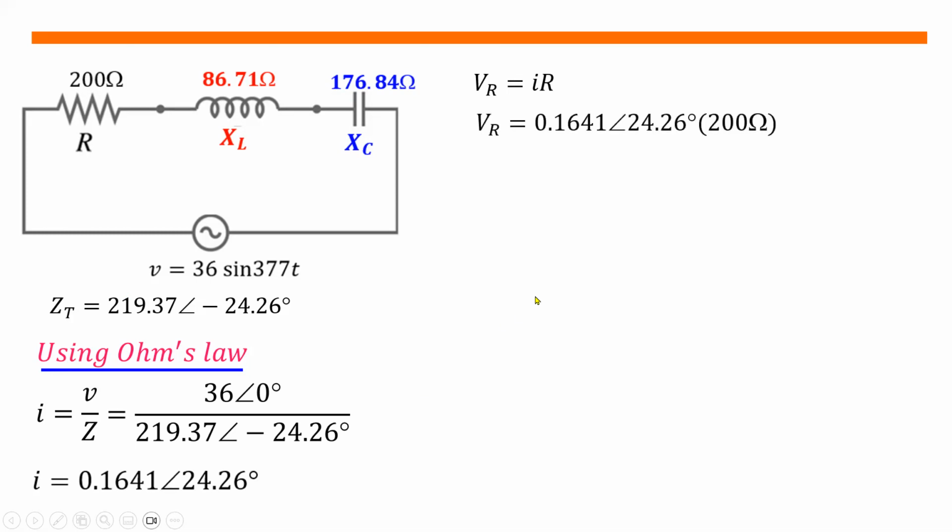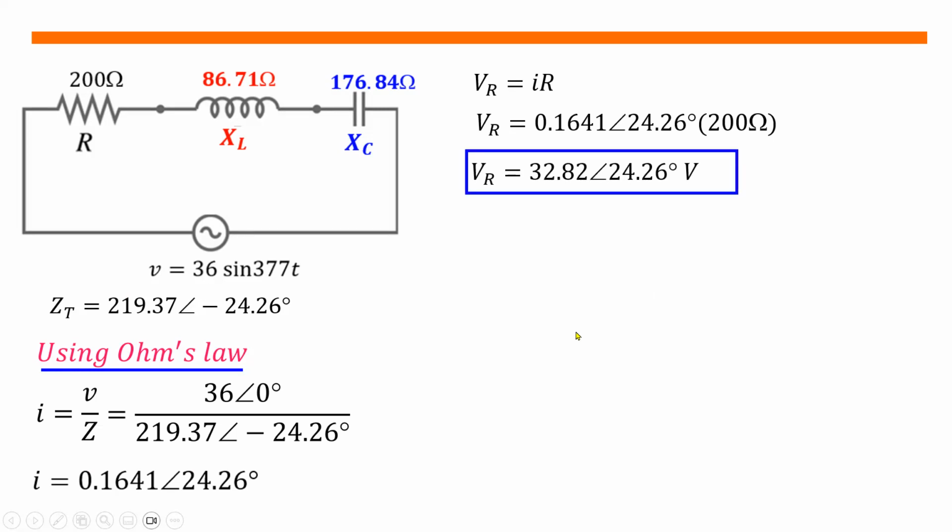Then substitute the values na nakuha natin for current at yung given na value na resistance, that will be 0.1641 angle 24.26 degrees multiplied by 200 ohms. That will give us 32.82 angle 24.26 degrees volts.